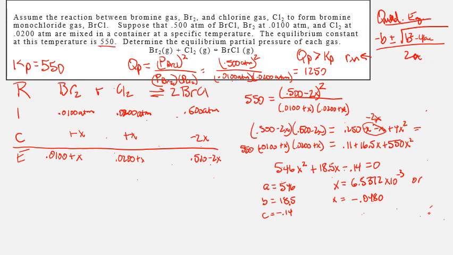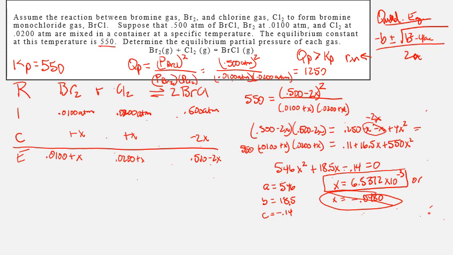Now, obviously, I can't have a negative concentration for a problem. So when we look at that, we know we can automatically take this one and get rid of it. So our final answer for x would be 6.5372 times 10 to the negative third.